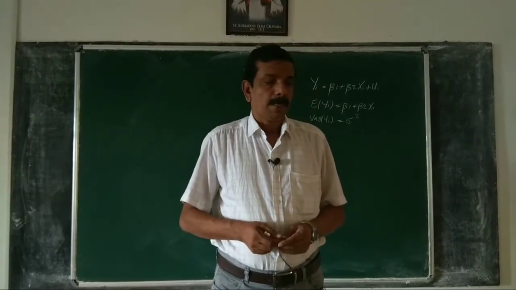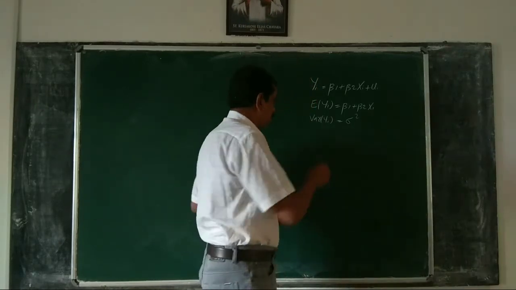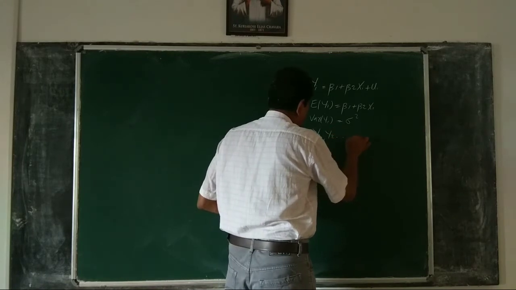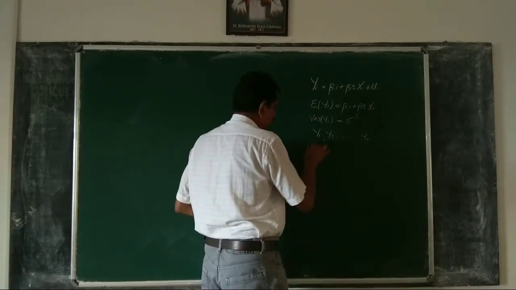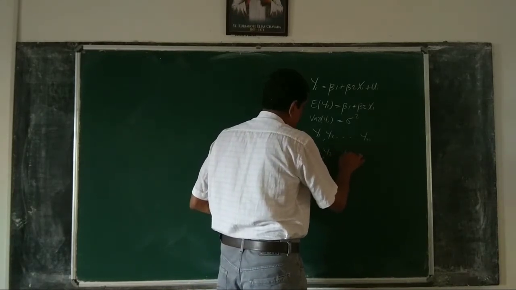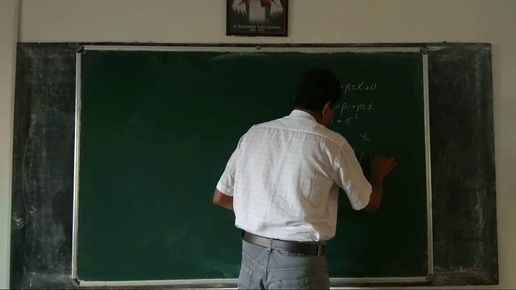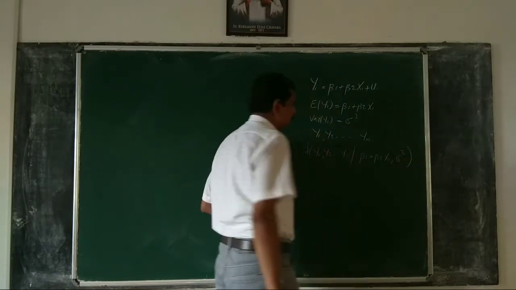So, the joint PDF of y1, y2, etc. yn can be written as f of y1, y2, etc. yn given beta 1 plus beta 2 Xi and sigma square.